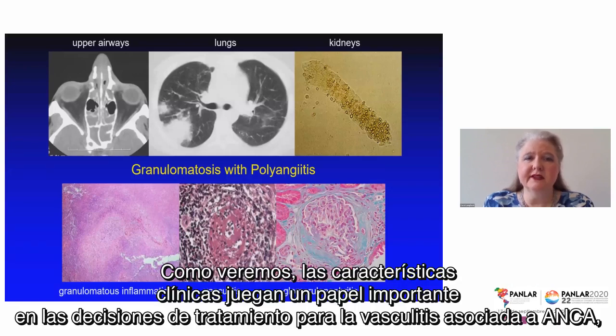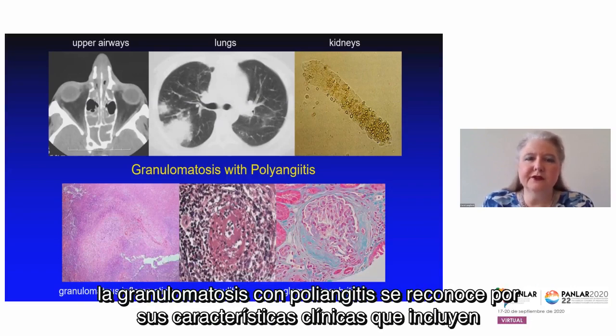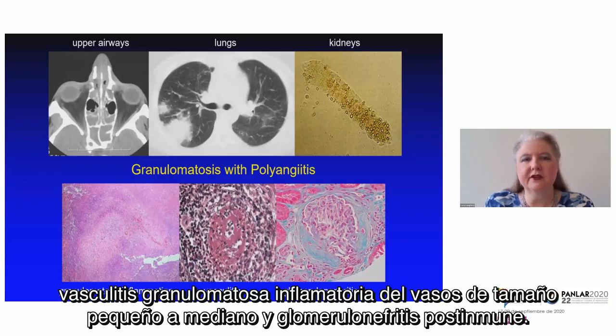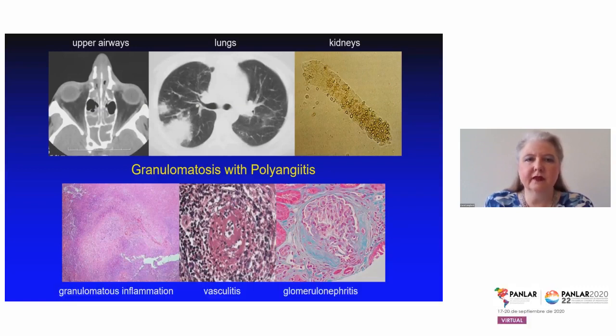As we'll be discussing, clinical features play an important role in the treatment decisions for ANCA-associated vasculitis. Granulomatosis with polyangiitis is recognized by its clinical features that include a predilection to affect the upper airways, lungs, and kidneys, and histologic evidence of granulomatous inflammation, vasculitis of the small to medium-sized vessels, and pauci-immune glomerulonephritis.